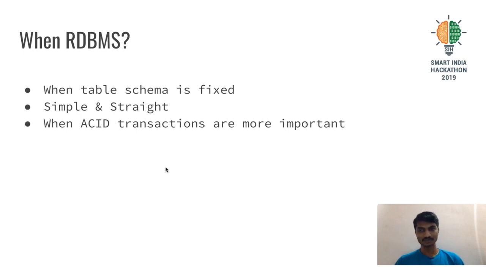So when should I choose relational database management systems? When I know my system is going to have defined, fixed database table schemas, which are not going to change easily. It doesn't mean I'm never going to change it; it means it is very less changeable.